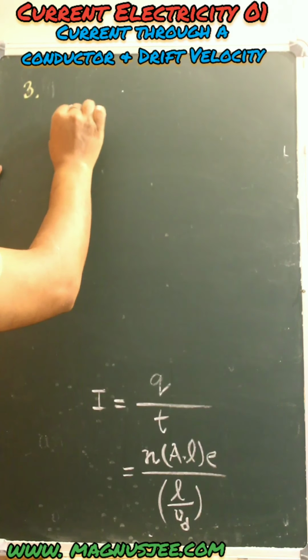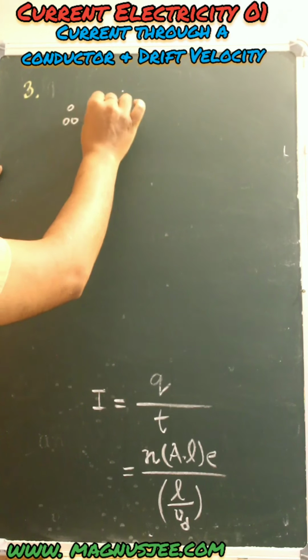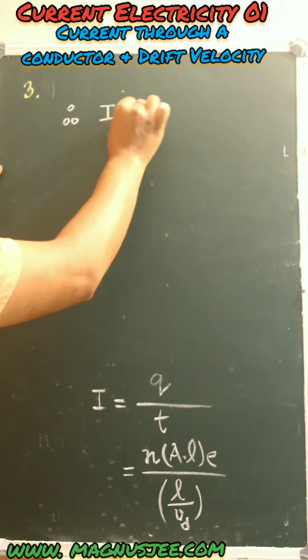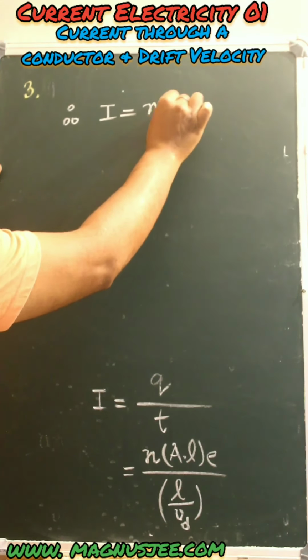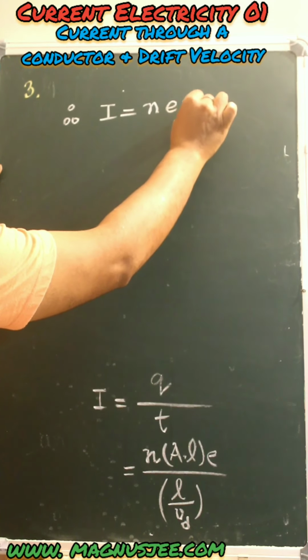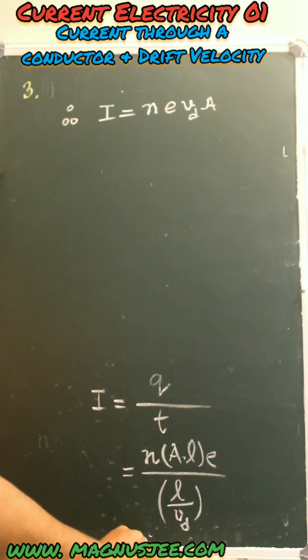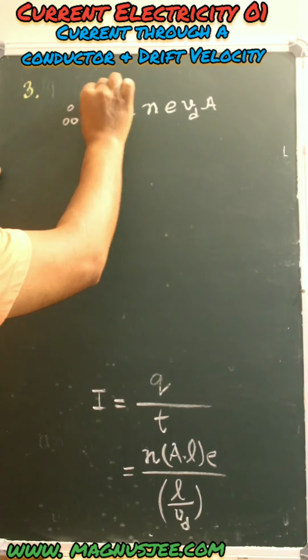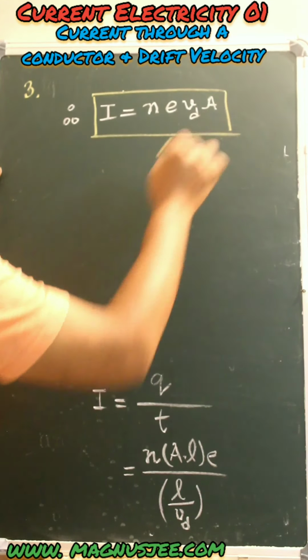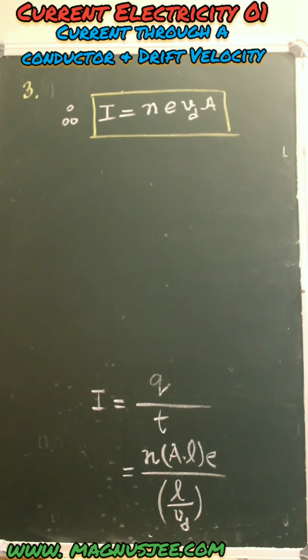Finally, we get the expression of electric current flowing through the conductor: I is equal to n A e Vd. This is the expression of electric current flowing through a conductor due to application of potential difference across the two ends of the conductor.